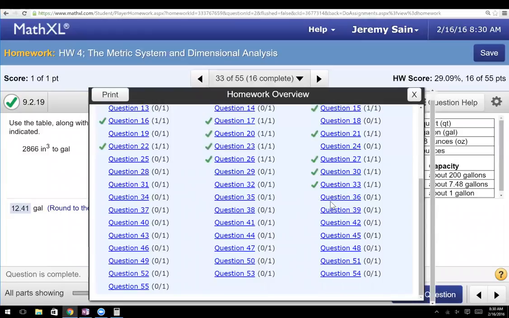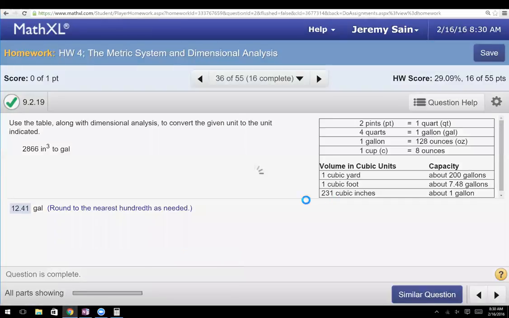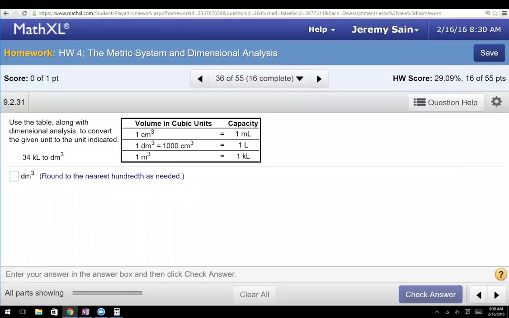All right, let's go to 36. So kiloliters to cubic decimeters. Well, it says a cubic decimeter is 1 liter. It doesn't tell us about liters and kiloliters.